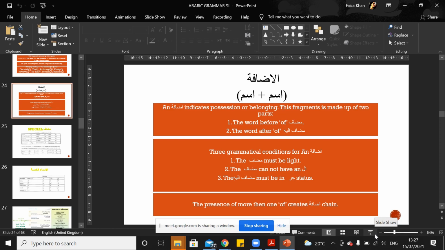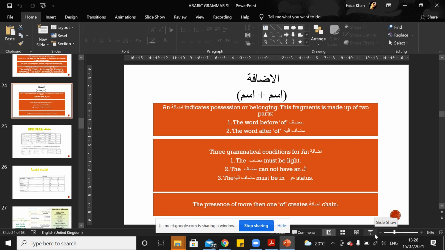And the second condition is it cannot have al. So if you spot two isms together and the second is jar but the first has al on it, like if I say al kitabullahi, so allahi is jar, but since kitab has al on it, we cannot call it an idafa fragment.